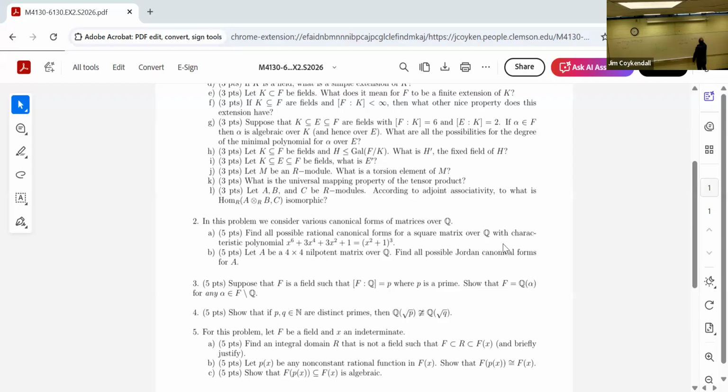Let's write it this way. This should be a rational function, so it should be a0 plus a1 y plus up to an y^n, over b0 plus b1 y plus up to bm y^m, right? Where the ai's and the bj's are rational functions in x.